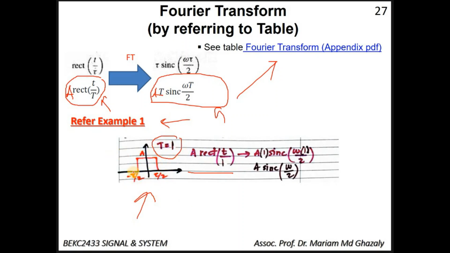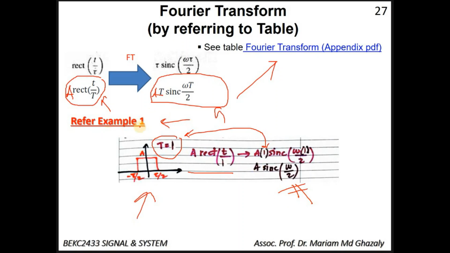This signal is given from minus tau over 2 to tau over 2, which means the period tau equals 1. Substituting 1 into this term, you have A times 1 sin(omega times 1 over 2), so the final answer is A sin(omega over 2).